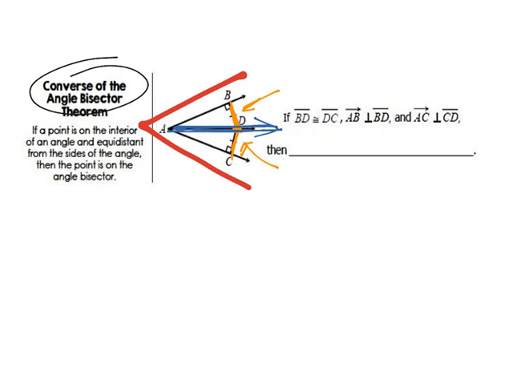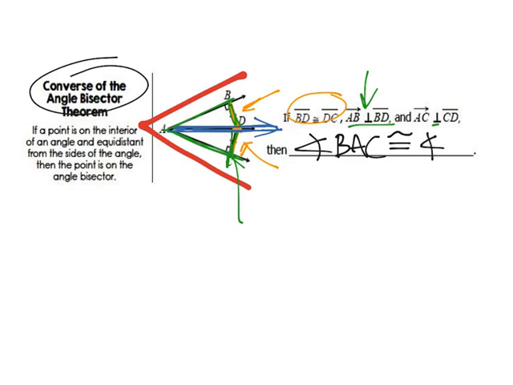If BD, which we said here in orange, and DC are congruent, and AB and BD are perpendicular, that little symbol, and AC and CD are also perpendicular, there's a little symbol there, then this is true: angle BAC is congruent to angle CAD.